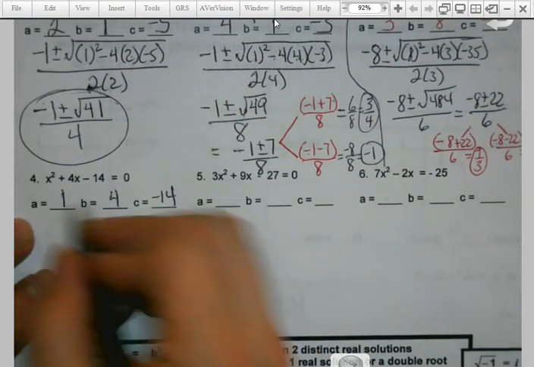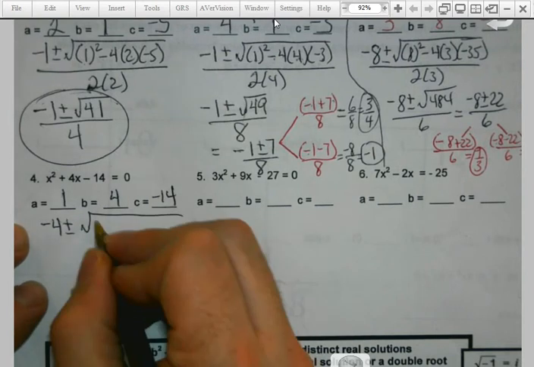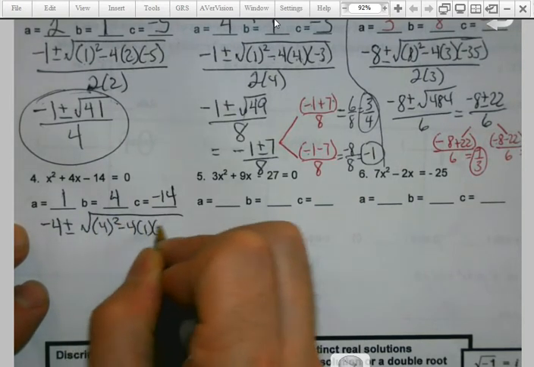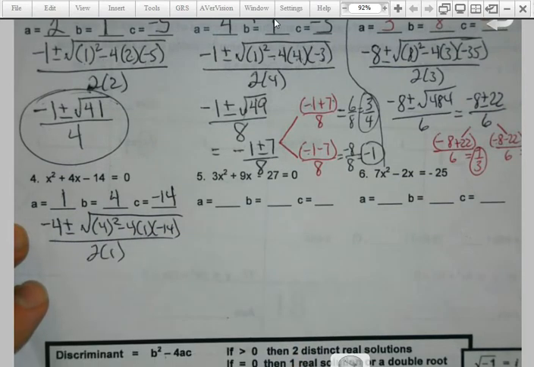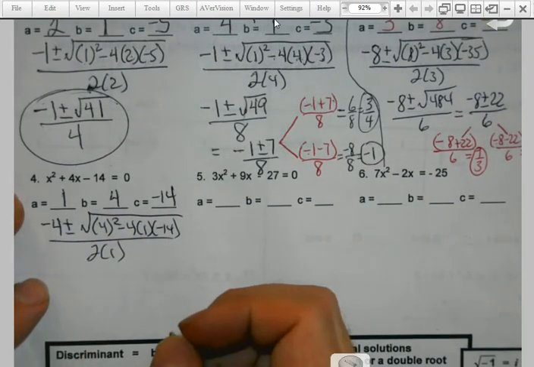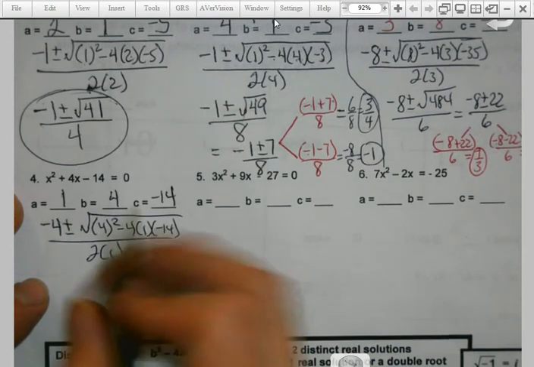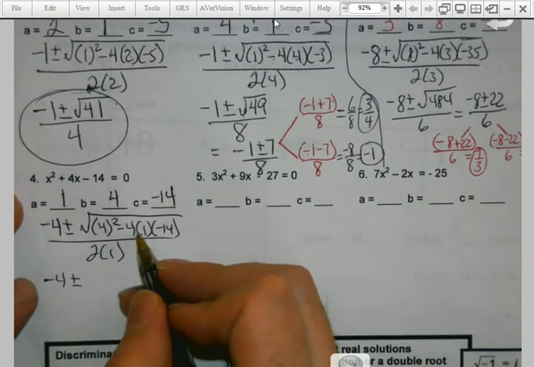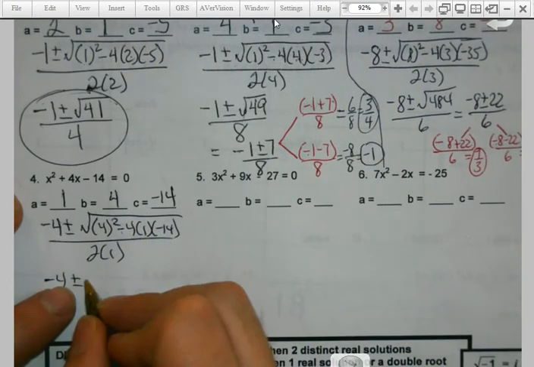All right. This is just once you get on a roll, b squared minus 4ac all over 2a. So we're like, okay, let's see here. 16 minus -56 would be 16 plus 56, which is 72.